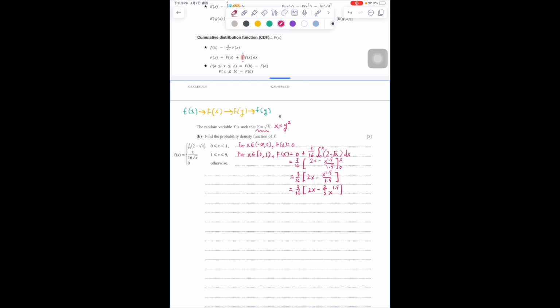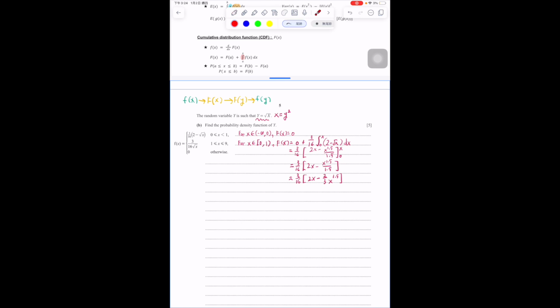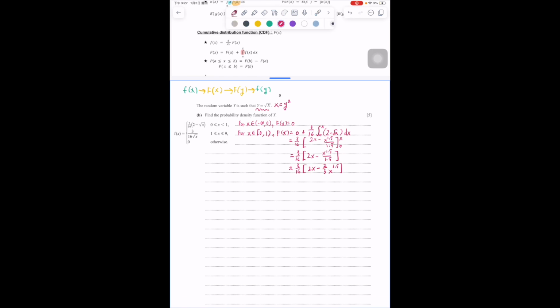You can find that both of them have a 2. So here we will have the result as 3/8 x minus 1/3 times x to the power of 1.5. And that's it for the domain of 0 to 1.